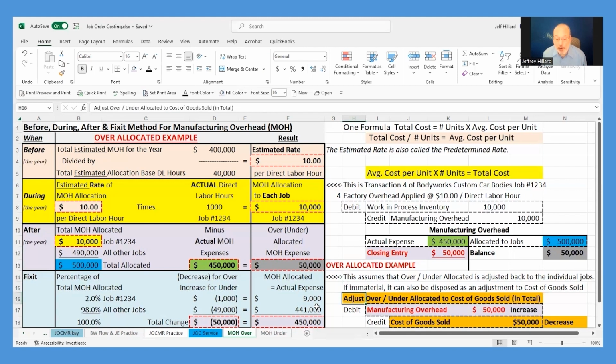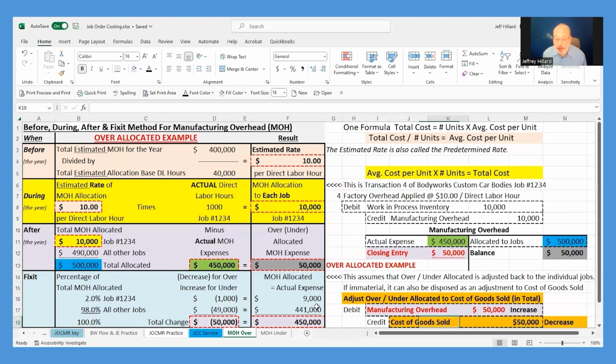The simplest way is to close this account out by debiting manufacturing overhead, which is going to increase it. But most importantly, the credit here is to cost of goods sold.